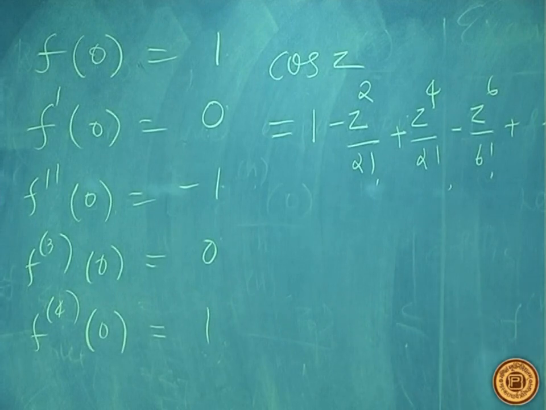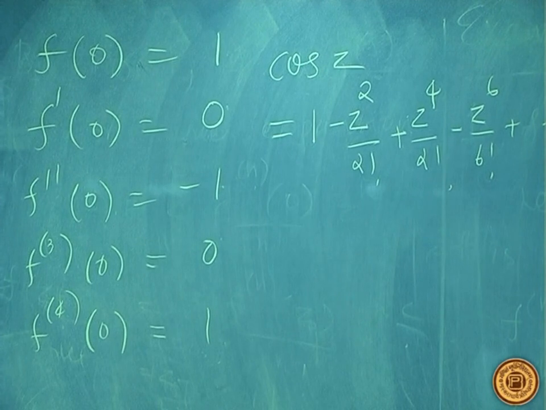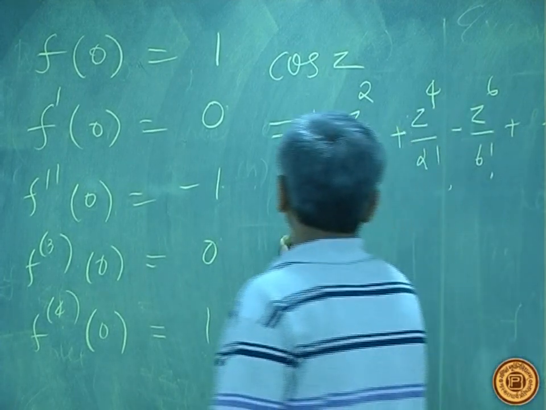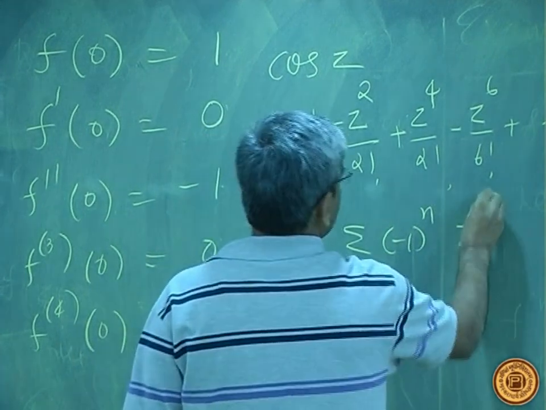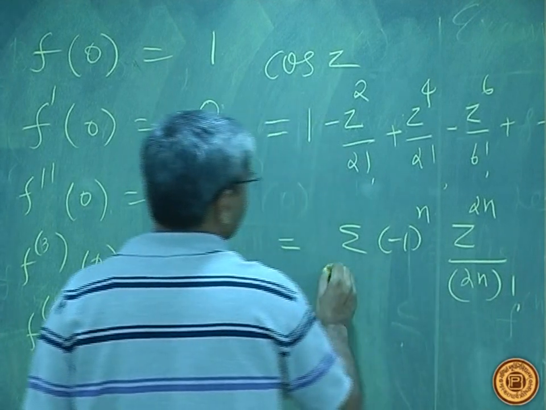So this is nothing but the summation of minus 1 to the power n, z raised to 2n upon 2n factorial.